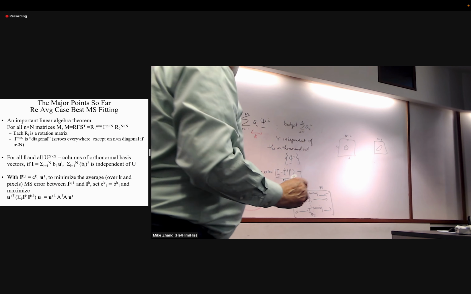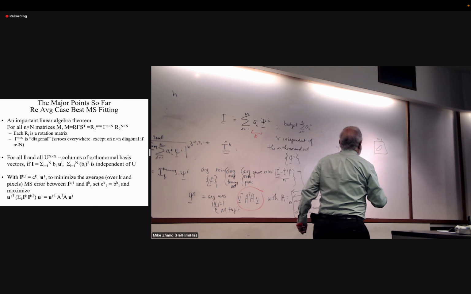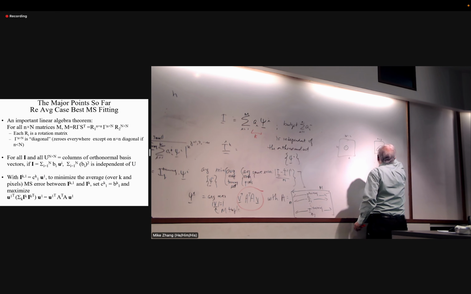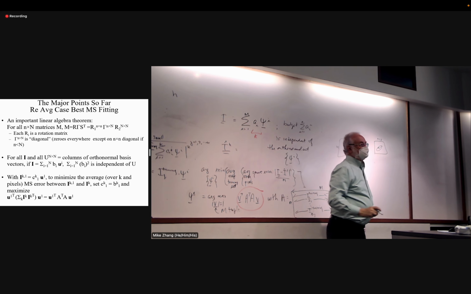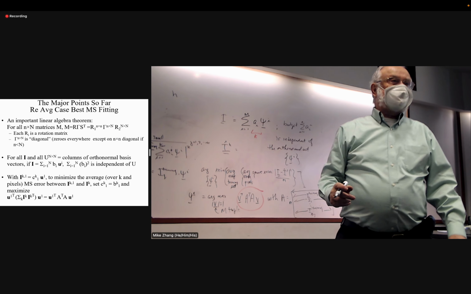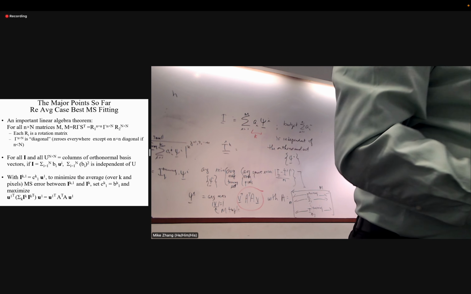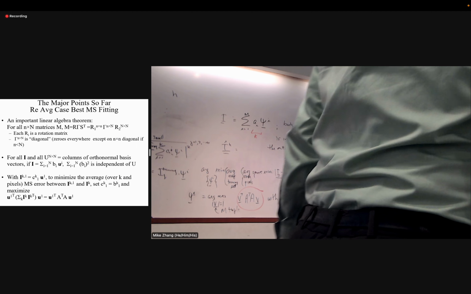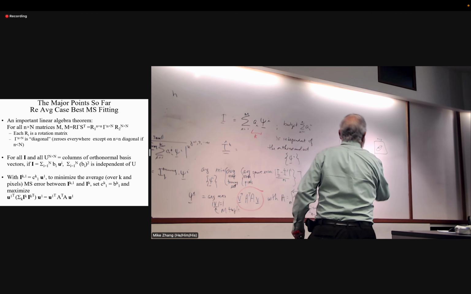And what's going on is that the eigenvectors are going to be the principal axes of the ellipse. And the stretch factors are going to be the length of these radii.